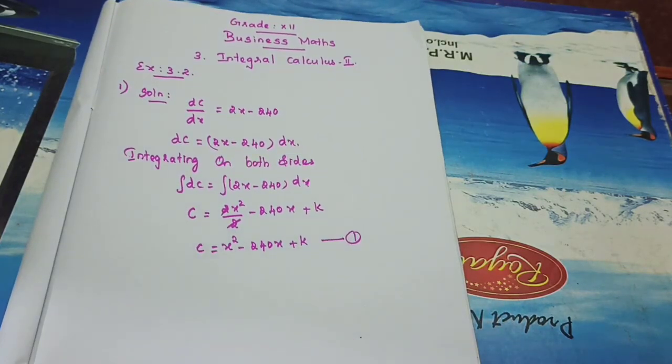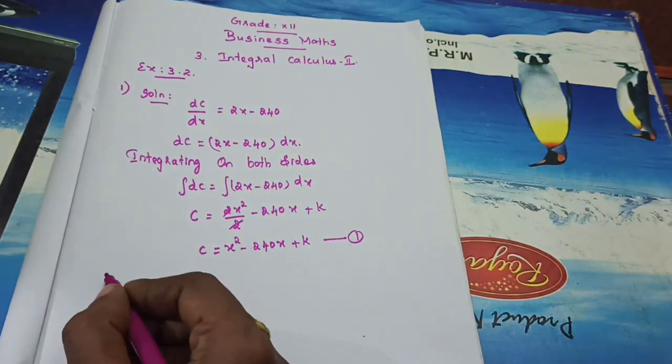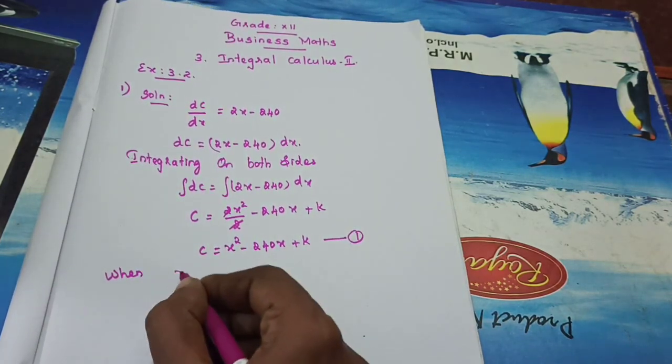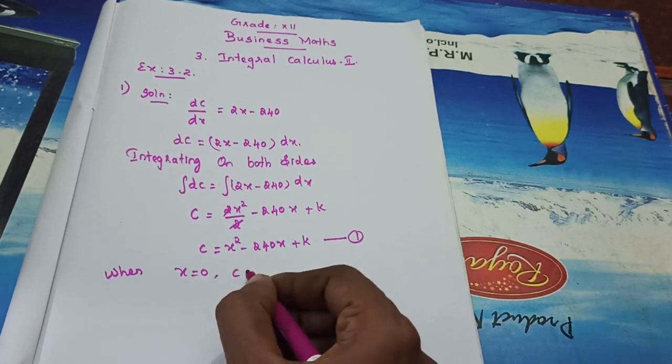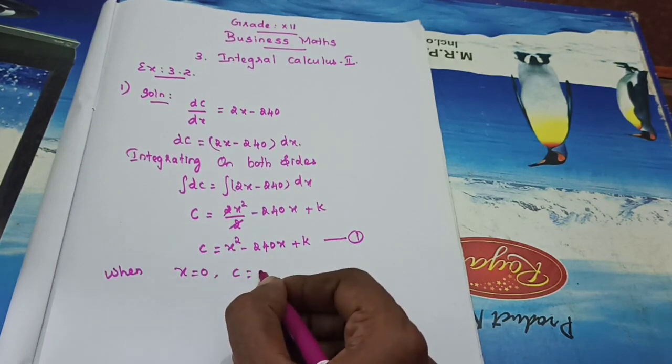Now listen here. Find the total cost if the engine runs for 300 hours overall. It is not hours, I think it's kilometer. In problems I have taught you, when x is equal to 0, the C value is given as 10,000.